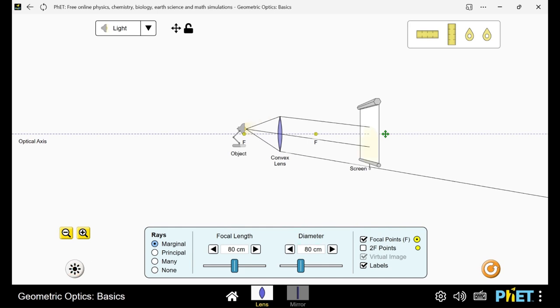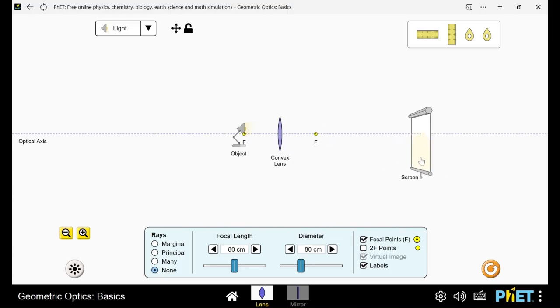Even if we adjust the screen, a sharp patch of light will not be formed. Since it cannot be formed, this tells us that the image is formed at infinity, so even if we keep on adjusting, we shall not be able to see the image.